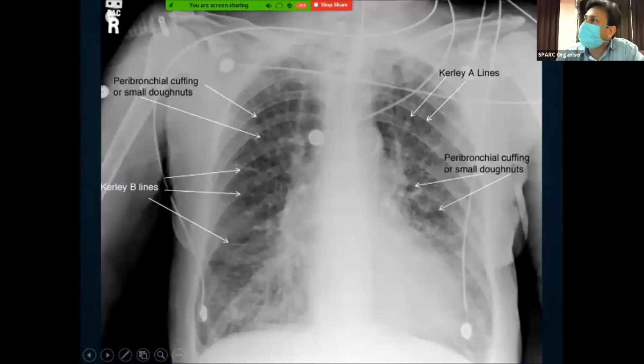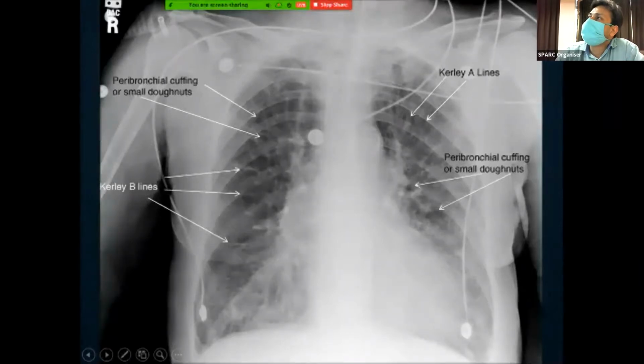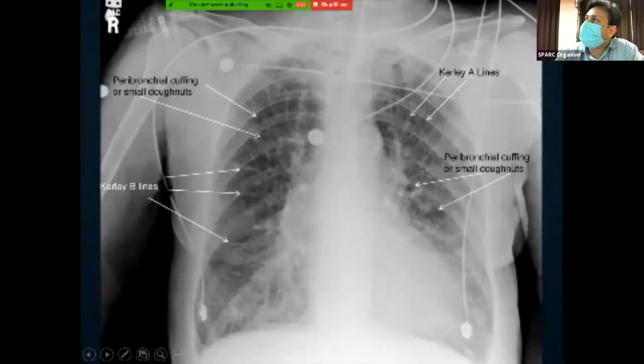Whereas other findings that we see more commonly in pulmonary edema are the prominence of upper lobe veins. So these pulmonary veins, which are supplying the upper lobe, become prominent, which we also call cephalization. There can be a lot of lines, Kerley A and Kerley B lines. Kerley B lines are multiple horizontal lines which are due to congestion of the lymphatics.